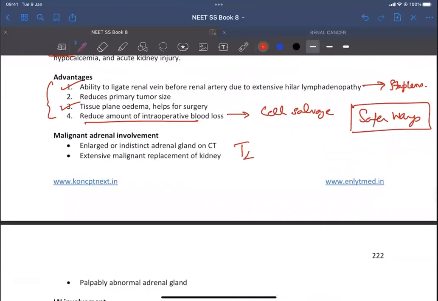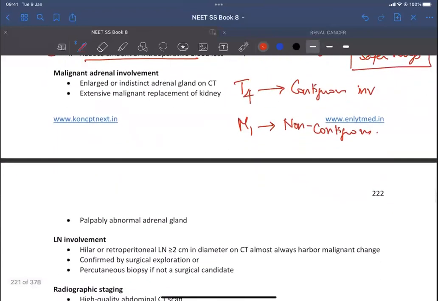Adrenal involvement: we've seen T4 if there is contiguous involvement, and M1 if it's non-contiguous. If the tumor is well away from the adrenal gland, it can be safely preserved.